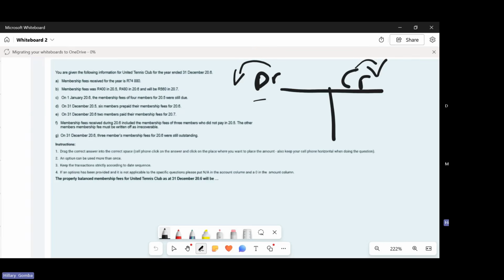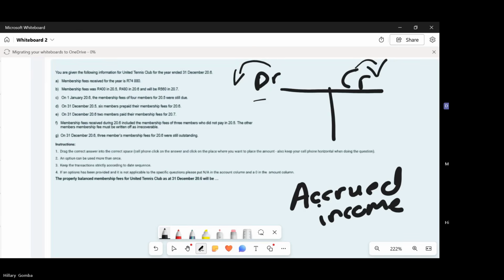So if it is still due, you recognize that account as a what? An accrued income, right? Do we all agree? Yes. Okay. And then if it's 4 members for 2025, the membership fees for 2025 was 400 rand per year, and 4 members did not pay. So now you say 400 times 4, how much do you get?